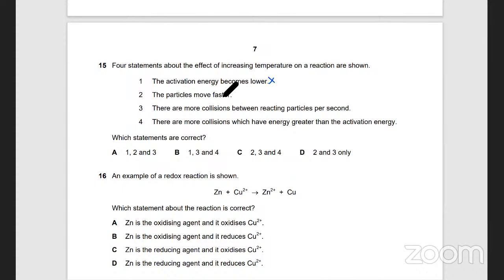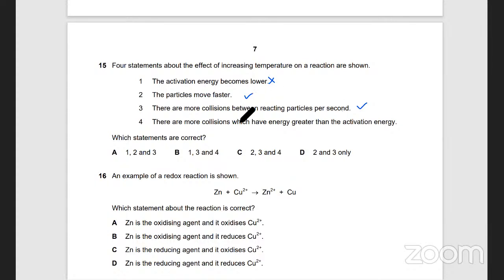If you increase temperature, do the particles move faster? Yes, they've got more kinetic energy. Do they have more collisions per second? Yes, because they're traveling faster, so they bump into each other a lot more.